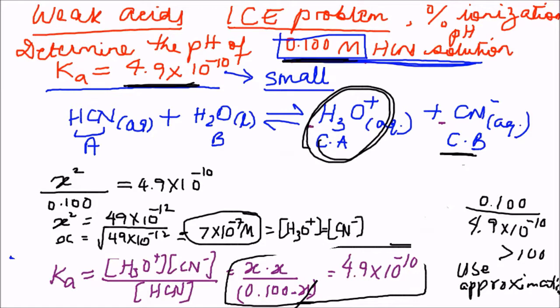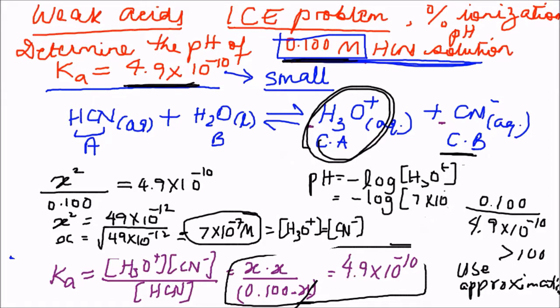And you know that pH is nothing but the negative logarithm of the hydronium ion concentration. So one can safely say negative logarithm of 7 times 10 to the power of negative 6. I'm sorry, negative 6, not negative 7, it was 12. Negative 6 is going to give you the value of pH.